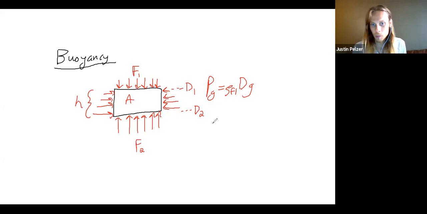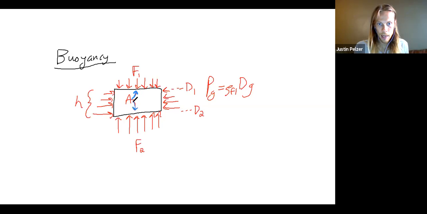Pause. Which is bigger, F1 or F2? So this is some cross-sectional area A. Sorry, A isn't this whole area. A is the area of the top and the area of the bottom. Let me maybe draw that in blue to not confuse that with any other area arrows.